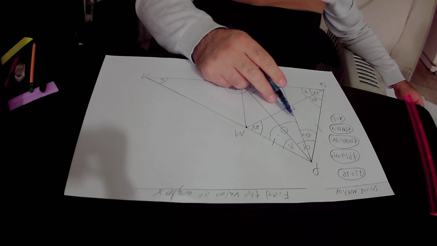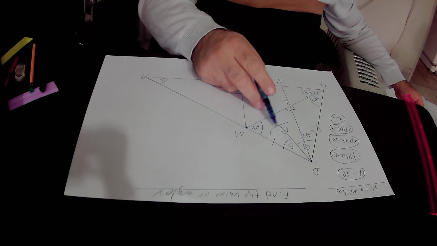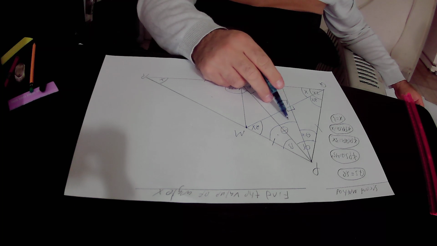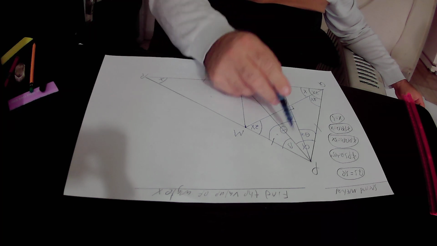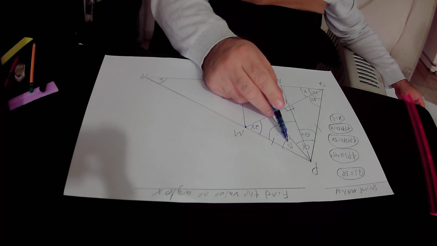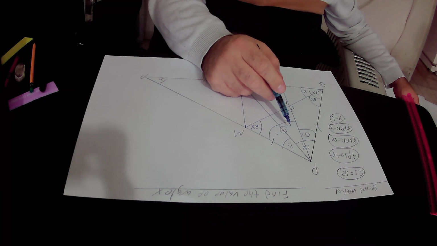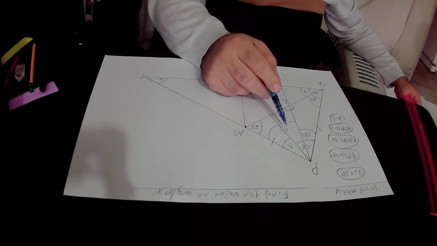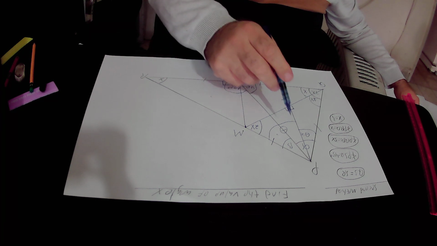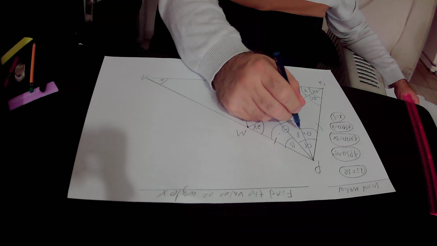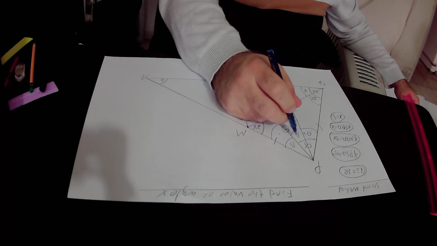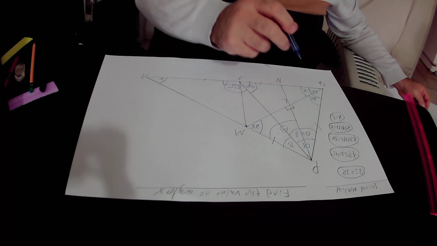So here, this is angle theta, yes? All this angle is angle theta. And we see that this is angle beta. We just found out that angle theta equals 2 times beta. So if this angle is beta, then this angle must also be equal to beta, because beta plus beta must be equal to theta.